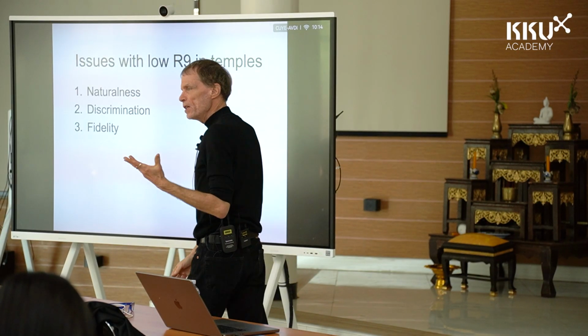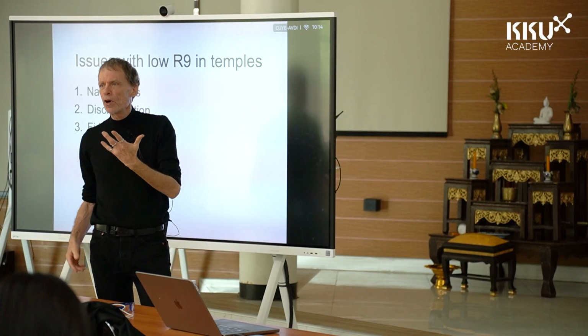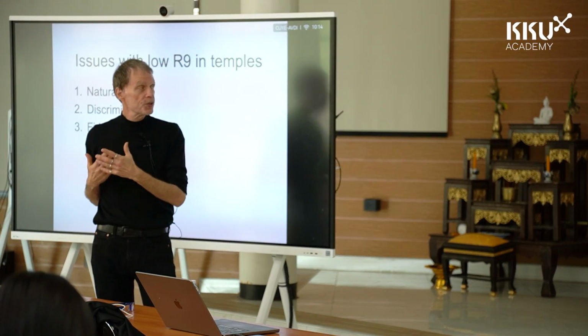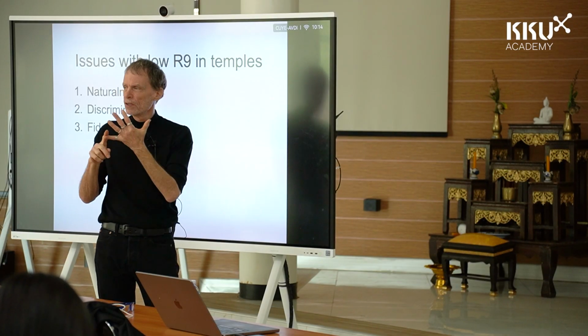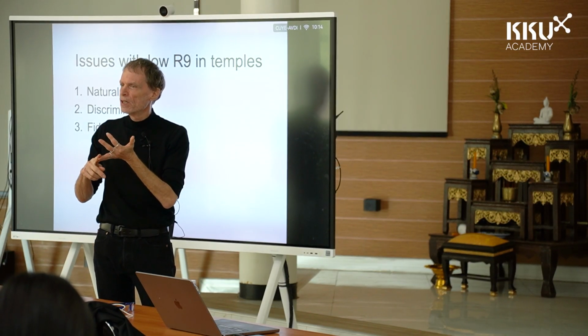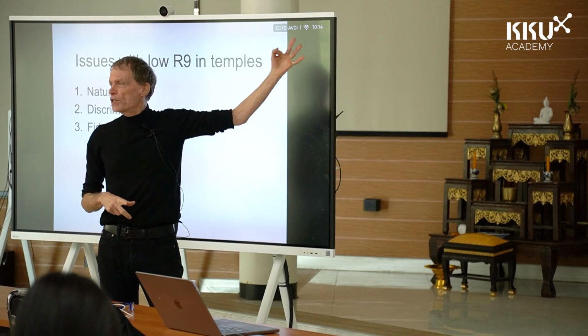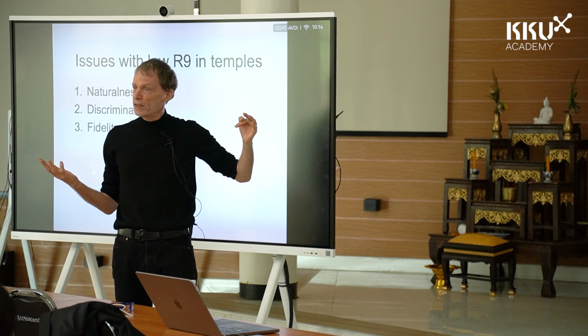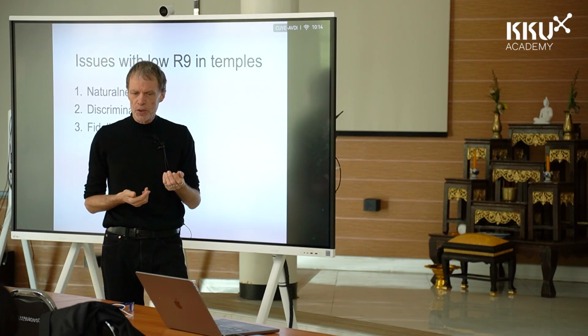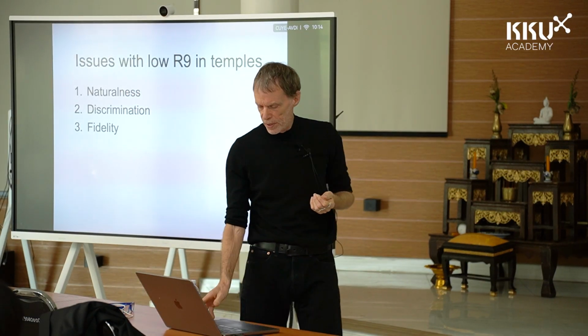So the issues in today's design, if you walk into a Buddhist temple or many Buddhist temples, is that there are issues with naturalness, discrimination, and fidelity. These terms you're going to be using in your career. If you go out and become architects and you're dealing with interiors, you're going to be using this. So I want you to understand.